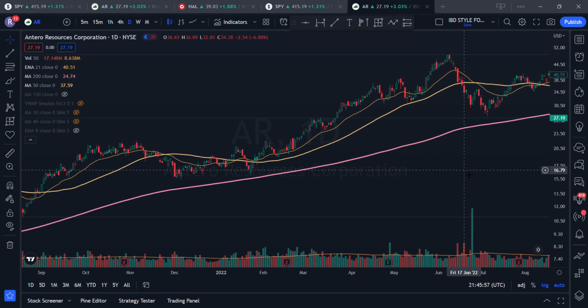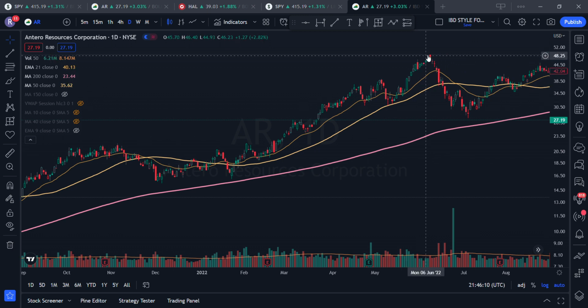But the 21 EMA has crossed below the 50-day moving average, and your 50-day moving average is rolling over. Then again, it comes down quite a bit, and these are the signs.